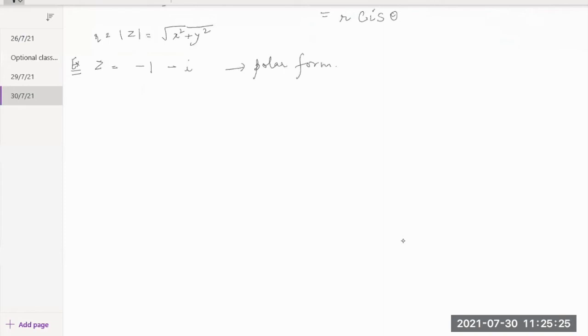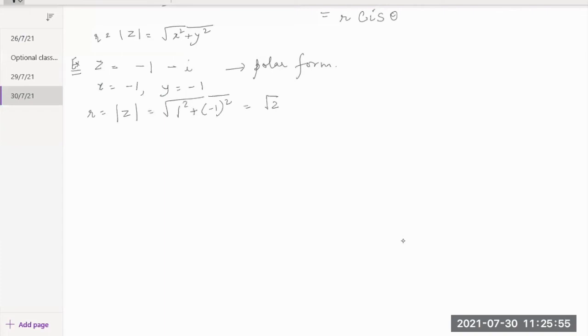Okay, now let's see. Read your x and y. What is x? -1. y is what? -1. Okay. r now, calculate that. r is mod z, which is going to give you under root of 1 square plus 1 square, giving you finally root 2.